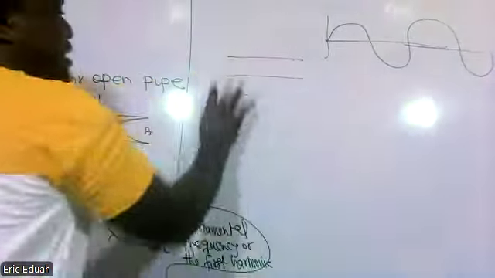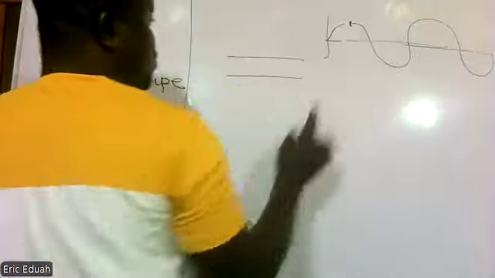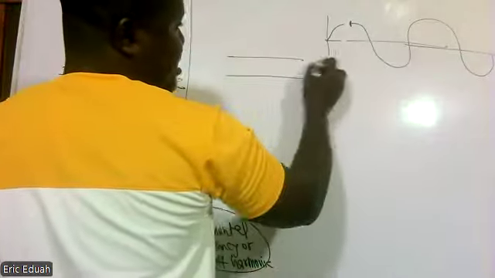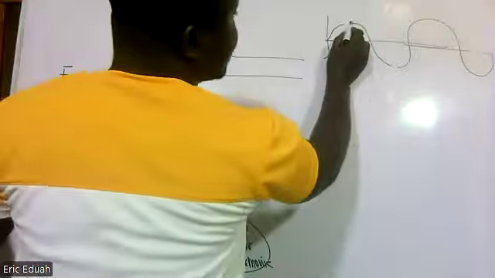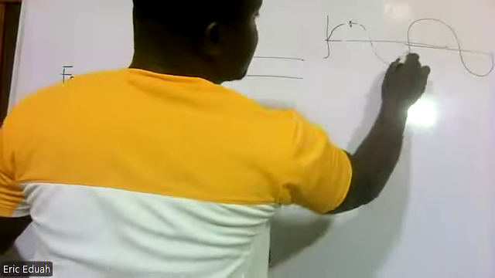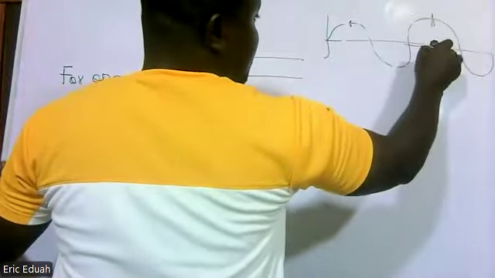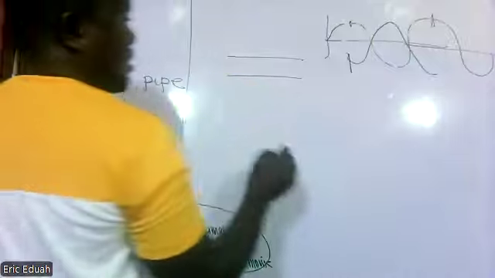Now, because this end is open, we always start from an antinode. It always starts and then ends with an antinode. So the second one will be this, and then will end here. So the reflection would equally be like this.